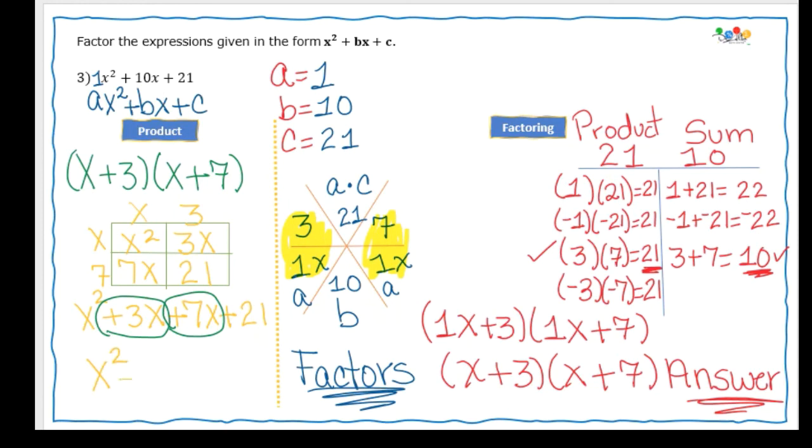And 7 plus 3 gives me 10x. And I'm going to bring down my 21. If you notice, the answer that I got is exactly the question that was given to me at the beginning. This is the way that we can check if we got the right factors.